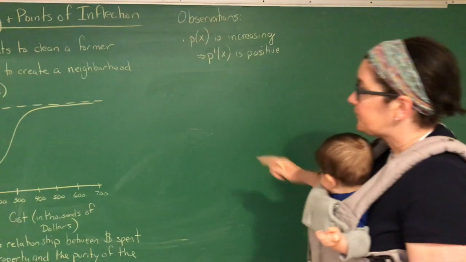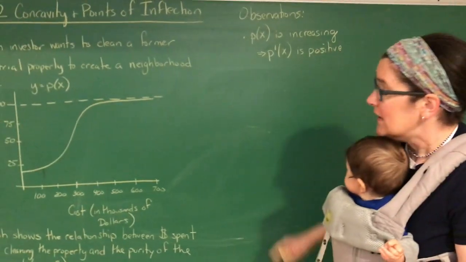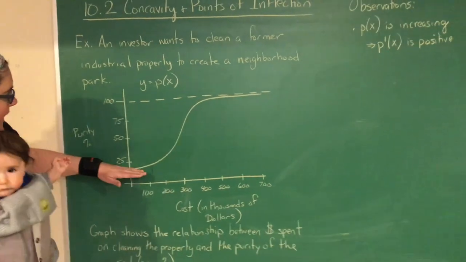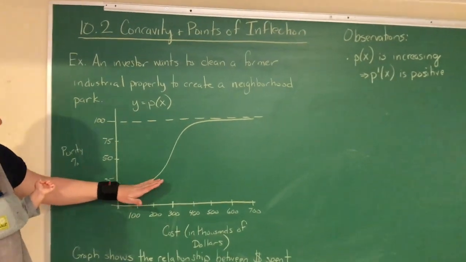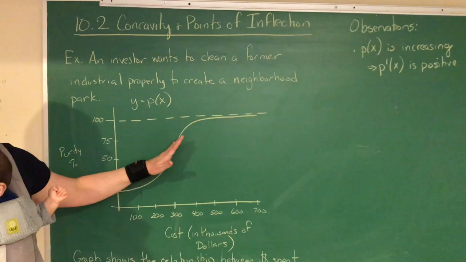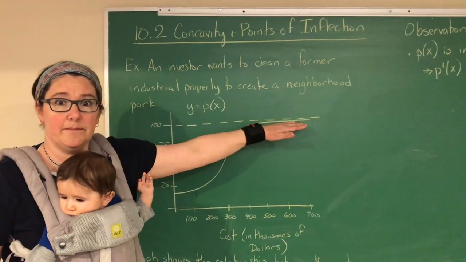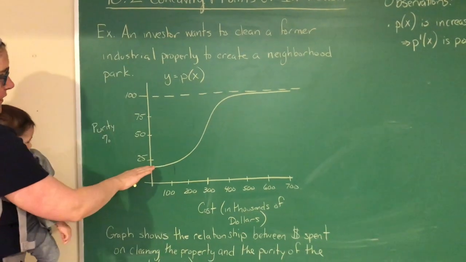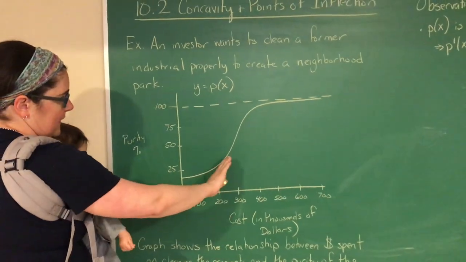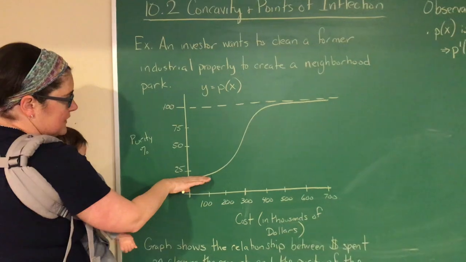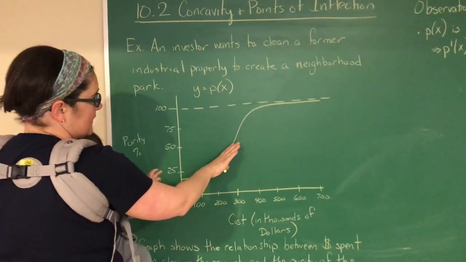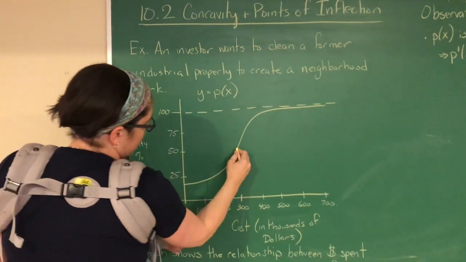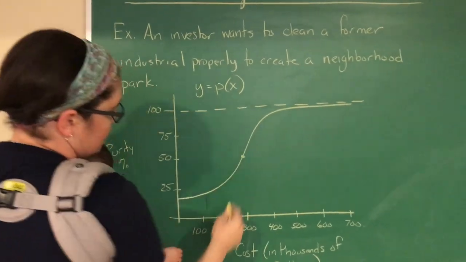Okay, so looking back on this graph, something else I noticed. This graph starts out kind of flat, it gets steep in the middle, and then it starts to flatten out again. So here at the beginning, as we read from left to right, the purity is increasing at an increasing rate until we get to a point right around 300.